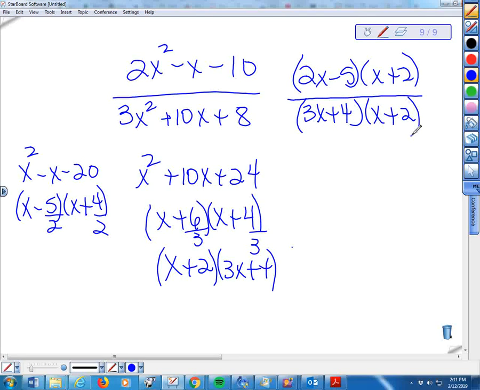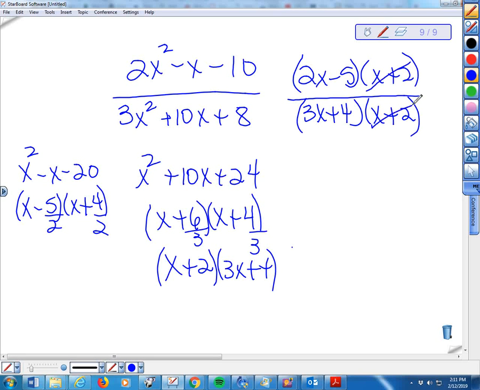Okay, I factored it. So what is glaringly obvious now? x plus 2, so where is my hole? The x value is negative 2. How do I find the y value of the hole? Plug it back in after I've canceled my terms. Okay, so technically this is gone.